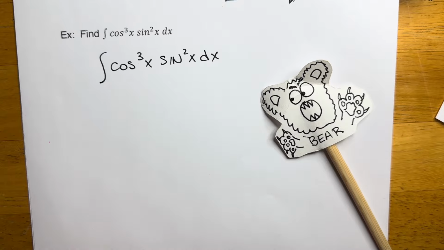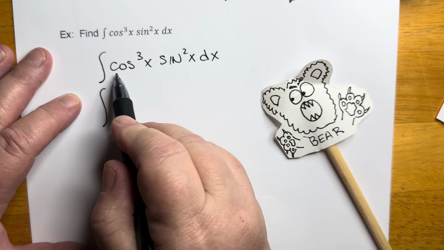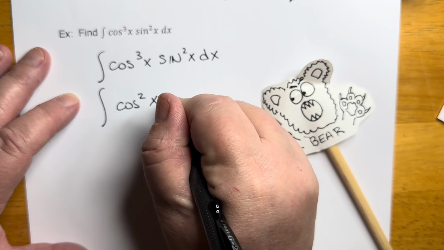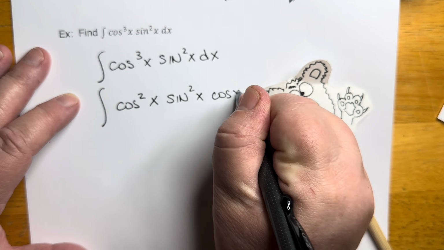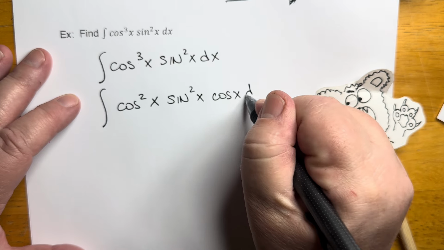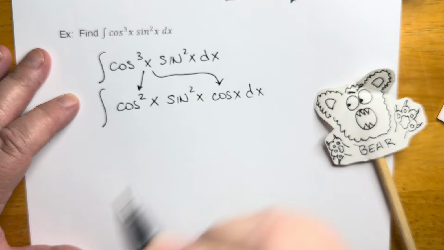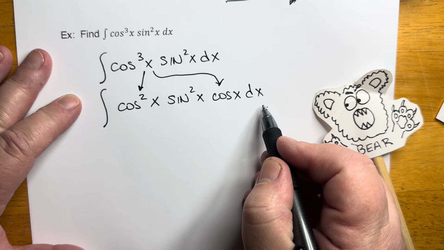Do you see a single cosine? I do. It's very exciting, right? So look here, I've got 3 cosines. So I'm going to break this up as a cosine squared, and then a sine squared, and then a little extra cosine and a dx, right? So the cosine cubed, I'm going to borrow one of those cosines, and that's going to be my du.